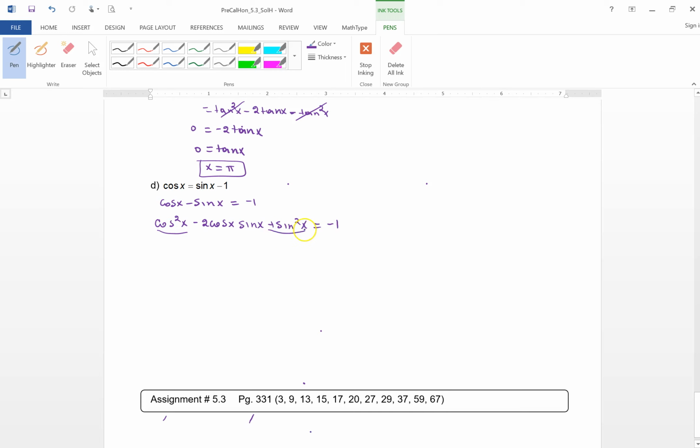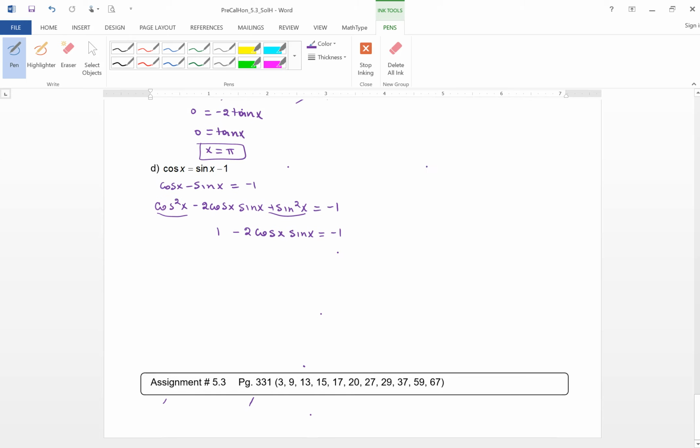Cosine squared x plus sine squared x is 1, minus 2 cosine x sine x equals 1. What I have now is negative 2 cosine x sine x is equal to negative 2. Cosine x sine x is equal to 1.